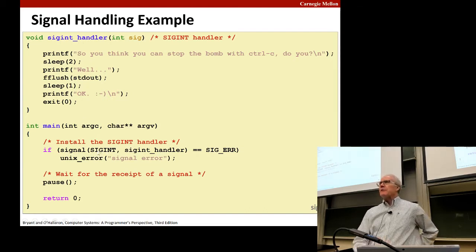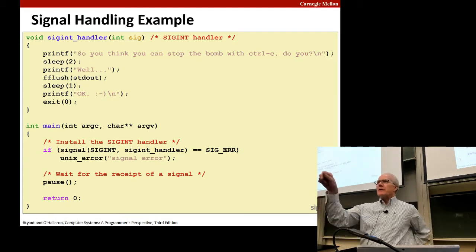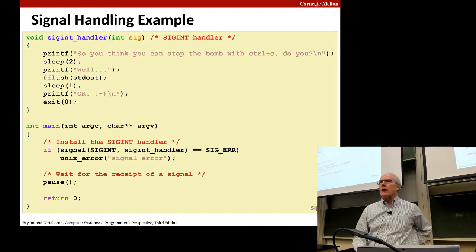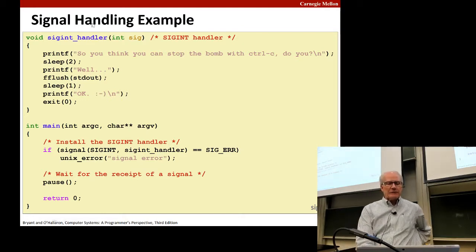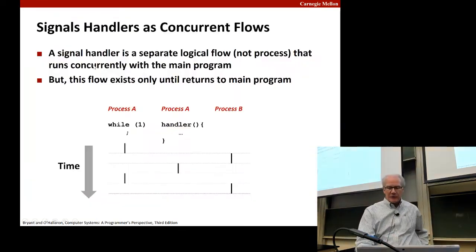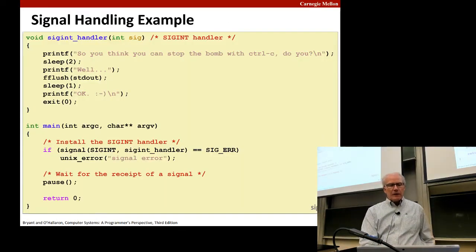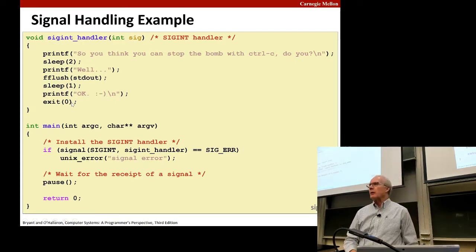So when you type Control-C, the operating system delivered the SIGINT signal to this program, but rather than the normal thing, which just terminates the code, it invoked this handler. And the handler then printed out this message. It used sleep to pause for 2 seconds. But then eventually it called exit, and so it exited your program, which is what you wanted to do.